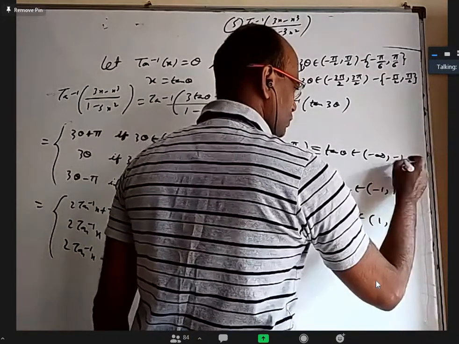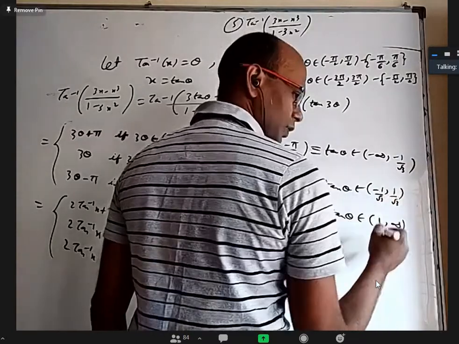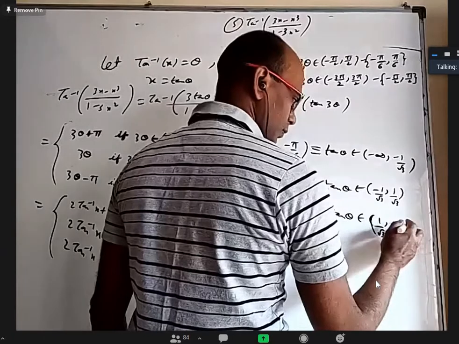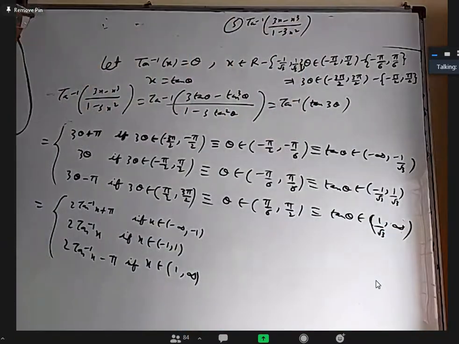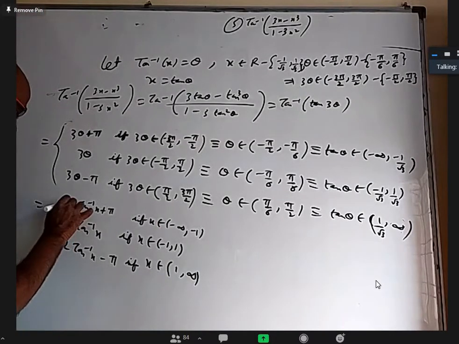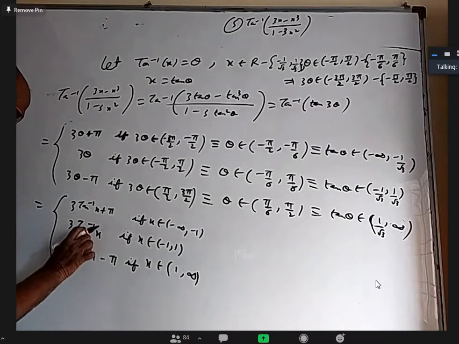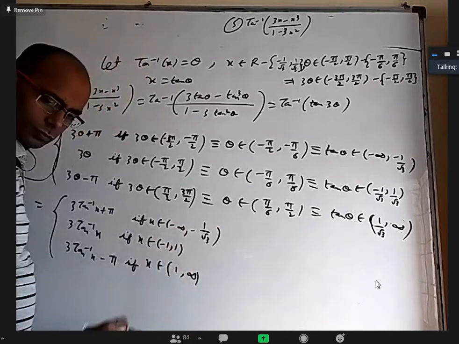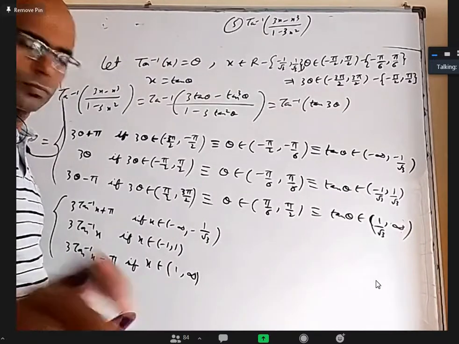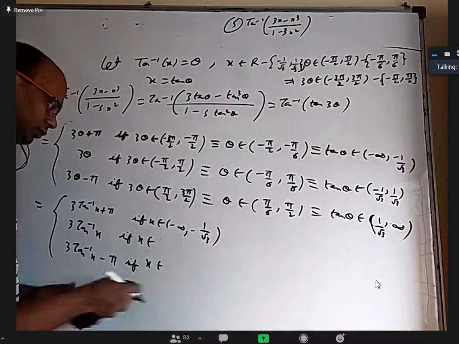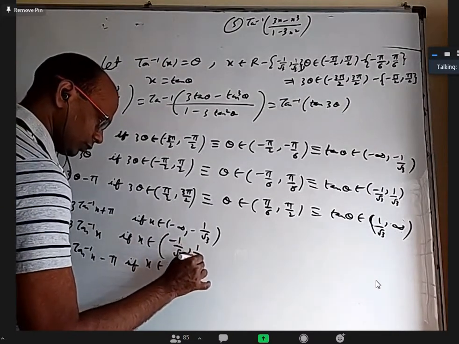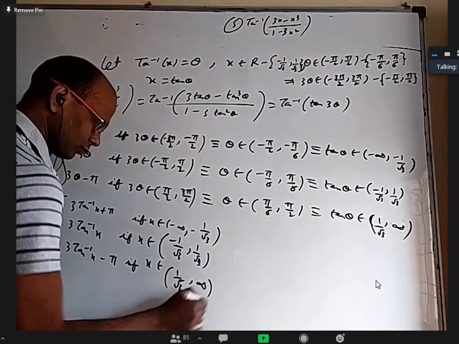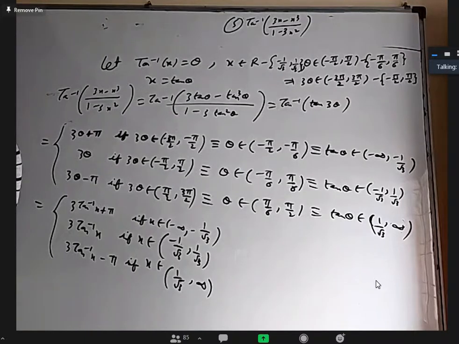Corresponding tan theta is minus infinity to minus 1 by root 3, minus 1 by root 3 to plus 1 by root 3, and 1 by root 3 to infinity. Okay, this is almost similar to the previous one.